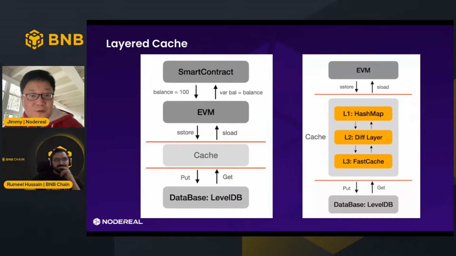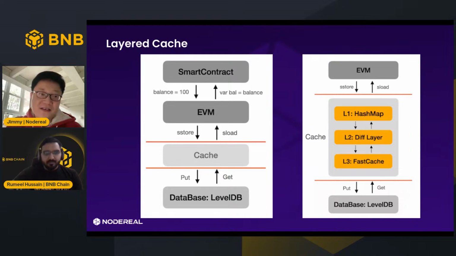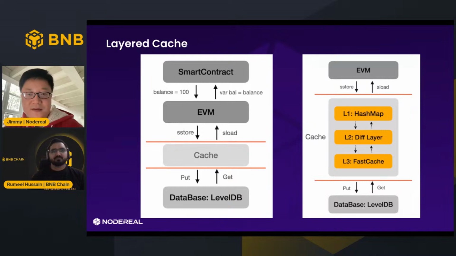If you look into the cache itself, it actually has 3 layers. The first layer is a hash map, which holds the states accessed by the current block. The second layer we call the diff layer, which holds the states that were updated in the past few blocks. By default, it will be around 128 blocks.